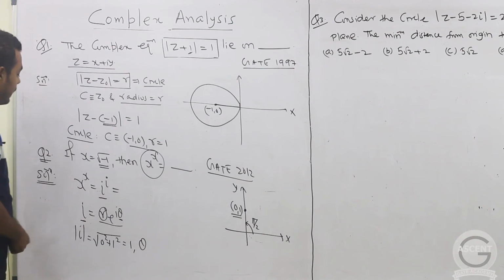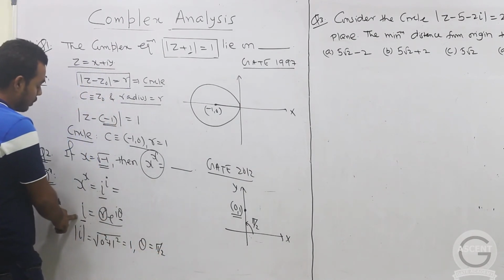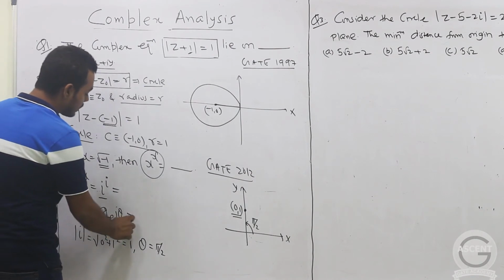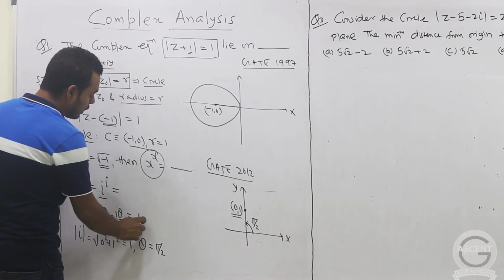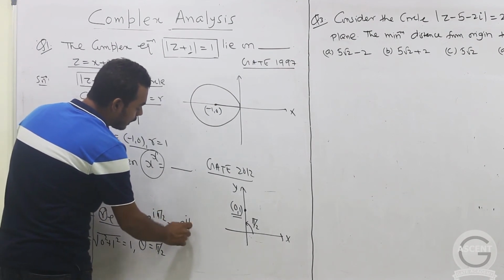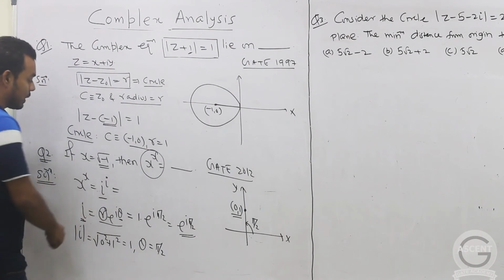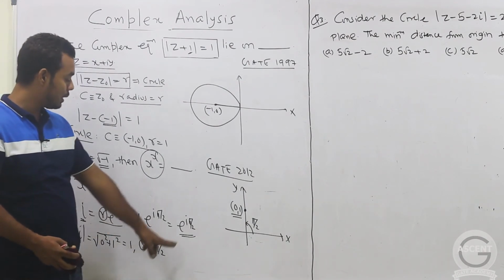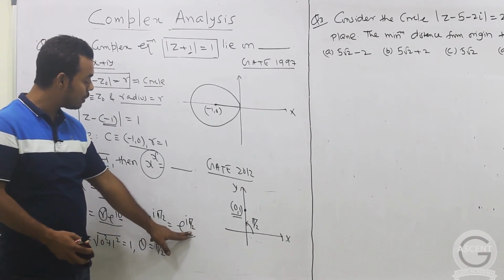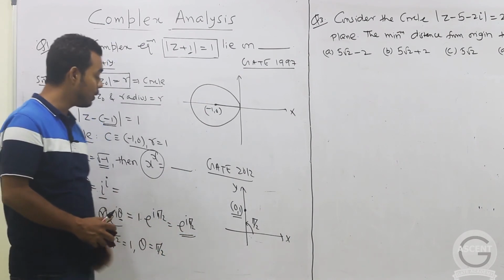So in place of theta you have pi by 2. So iota can be written as modulus 1 times e to the power iota, theta is pi by 2. So e to the power iota pi by 2 will represent iota. And you can easily see that this will be iota because e to the power iota pi by 2 is cos pi by 2 plus iota sin pi by 2. Cos pi by 2 is 0, sin pi by 2 is 1.